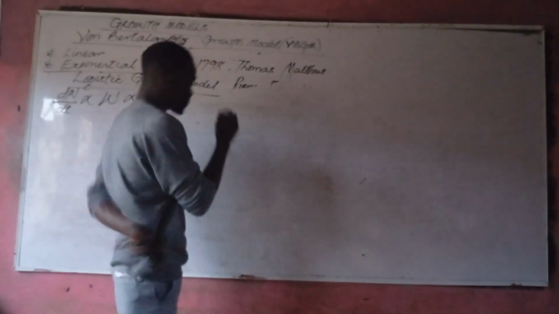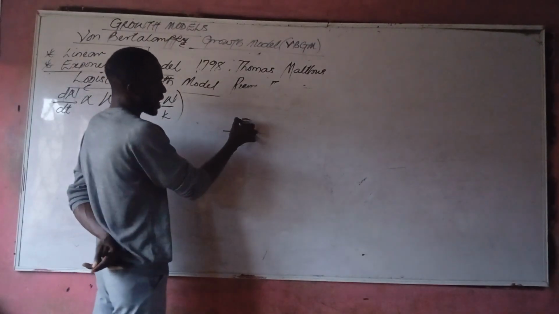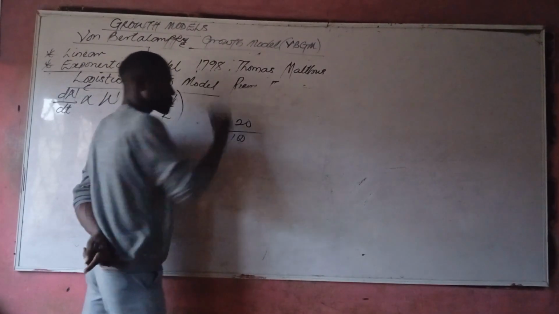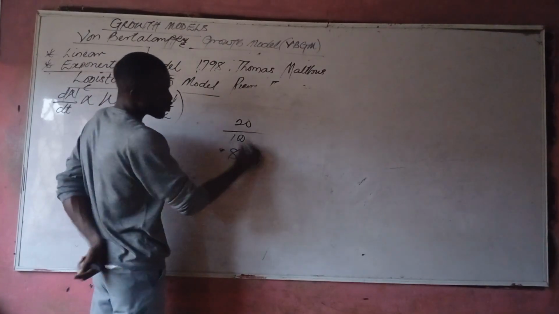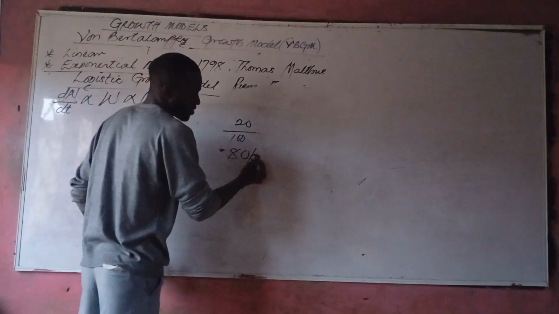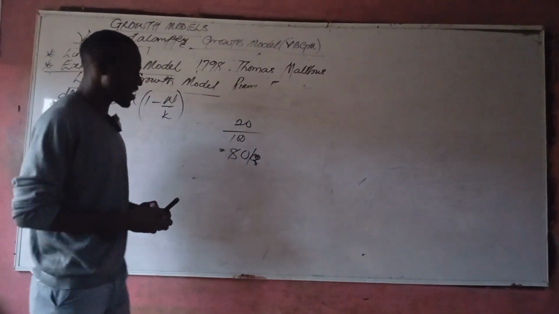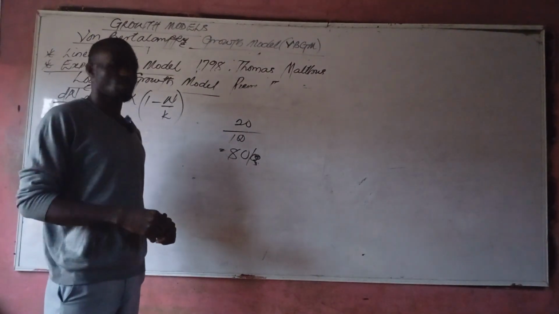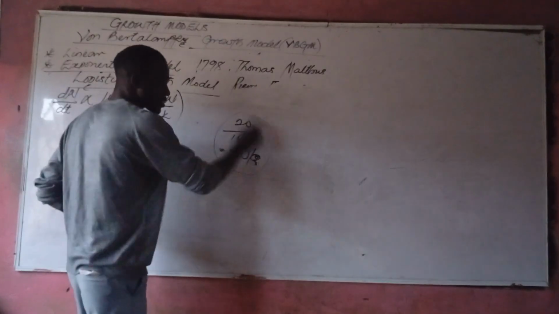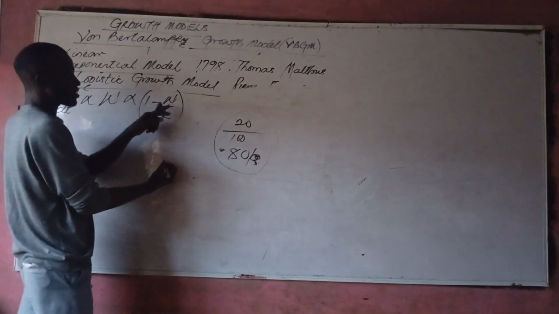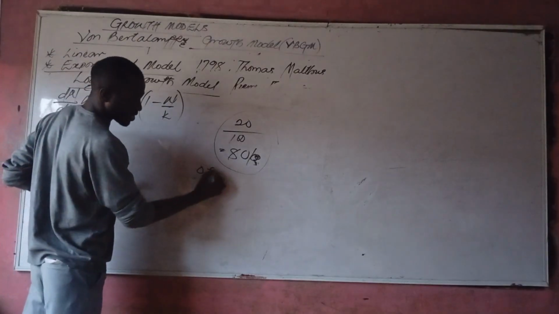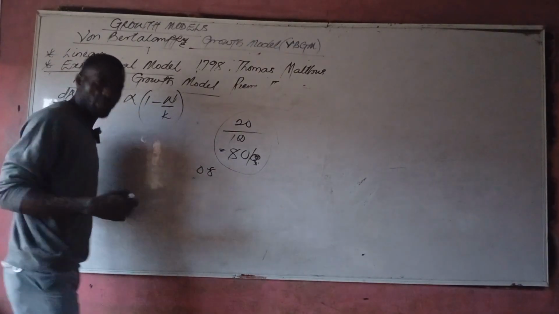So what that means is that if in that environment the amount of fish or the weight of fish that is sustainable over a period is 100, if the weight of the fish at a particular time is 20, it means that it still has space for 80 grams or 80 kg, whatever the unit is, of expansion. It still has 80. Do you understand now? So since it's not a fraction, we now subtract it from 1, which is going to be 0.8 in this case, 0.8. I hope you understand what I'm trying to say.